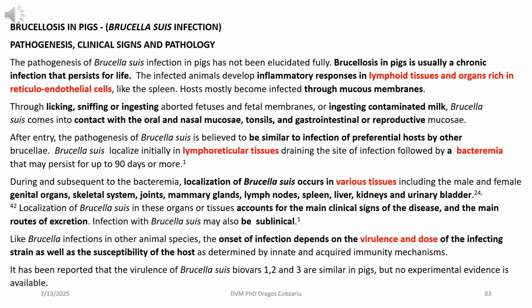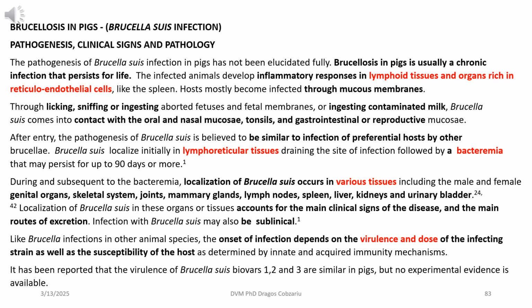After entry, the pathogenesis of Brucella suis is believed to be similar to infection of preferential hosts by other Brucellae. Brucella suis localizes initially in lymphoreticular tissues draining the site of infection, followed by a bacteremia that may persist for up to 90 days or more.